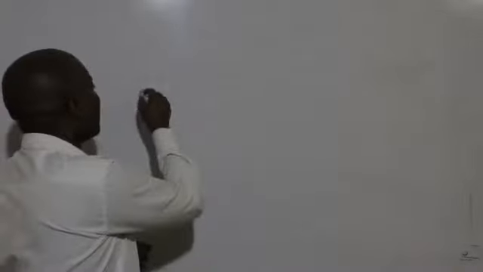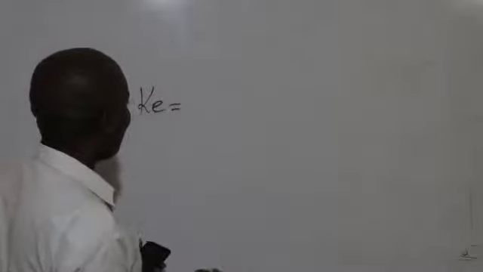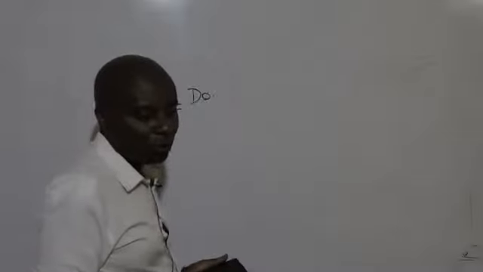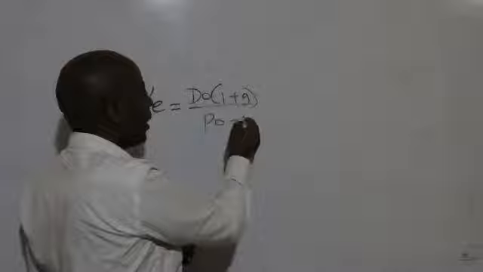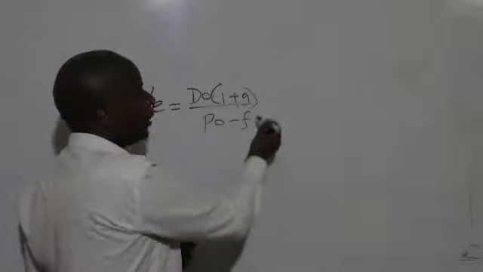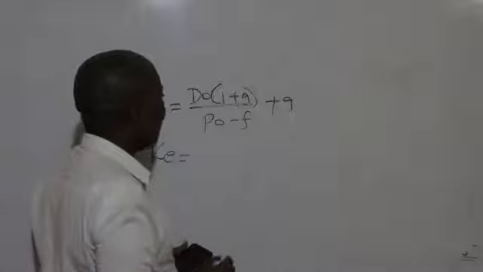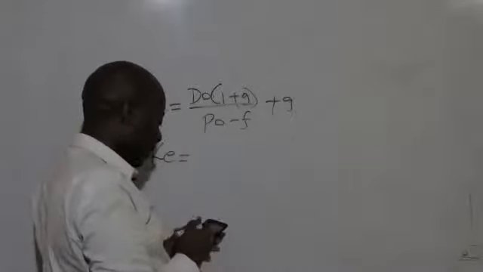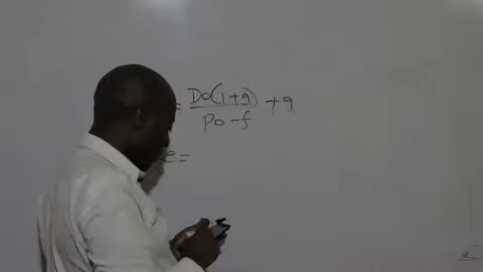To get cost of equity, what do we have here? We have D0 into 1 plus G all over P0 minus flotation, at the end of the day, plus G. So we have our cost of equity being equal to D0, the D0 that has been given.